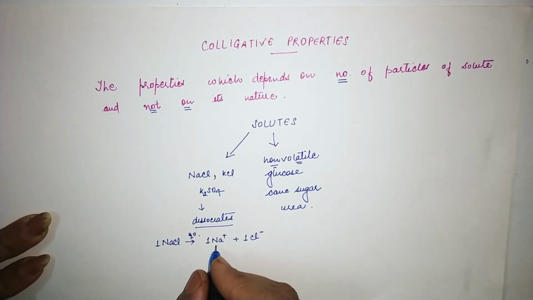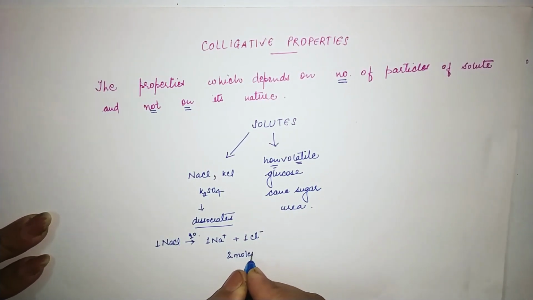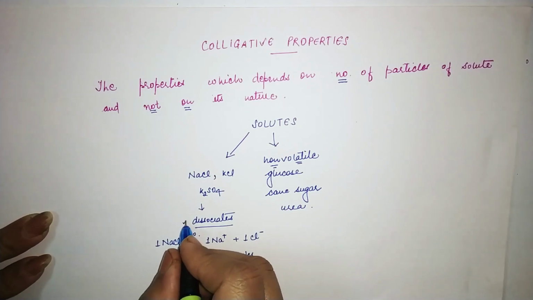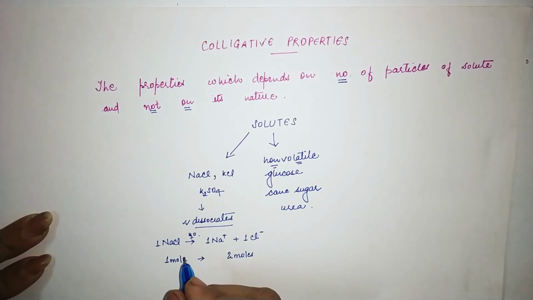So from 1 mole, how many particles are we getting? 2 moles. In such cases, the solute is getting dissociated.